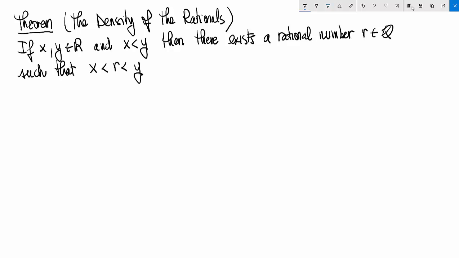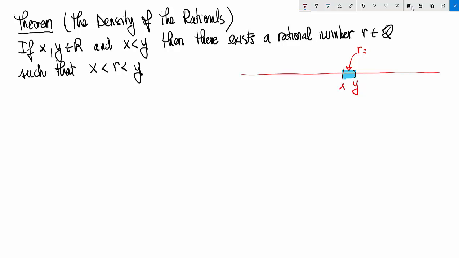Again, what are the implications of these results? Let me illustrate this a little bit. Suppose that you are on the real line, and you pick two real numbers. I'm not saying that they're rationals, just any two real numbers which are extremely close to each other. The density of the rationals tells you that sitting in between these two numbers, you will find a rational number.